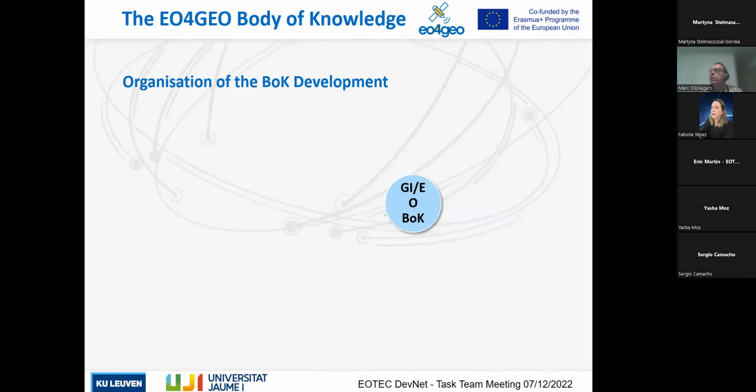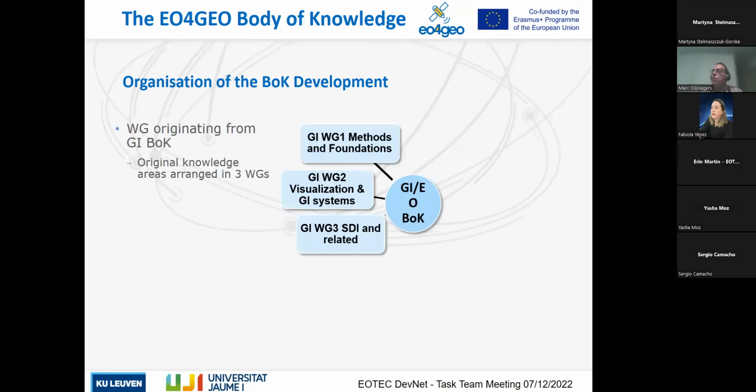To develop this, we organized the work in working groups, which more or less represented those three circles that I showed before. We had a number of working groups that covered the geospatial information knowledge areas. They mainly reviewed the work done in the GI Need to Know project.